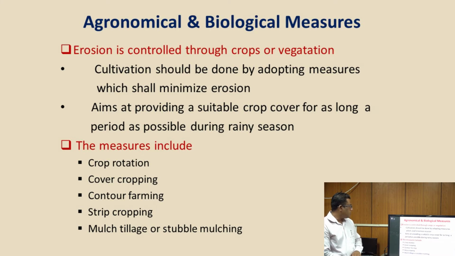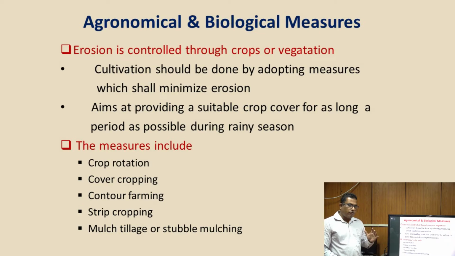This control aims at providing a suitable crop cover for as long a period as possible during rainy seasons. We have already discussed that if rain falls on bare soil, the impact of erosion is more.